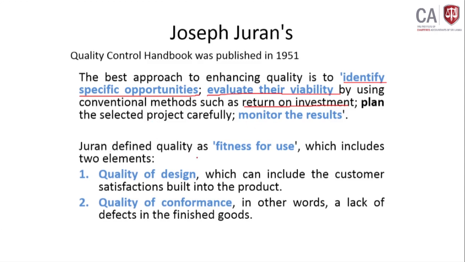Juran defined quality as fitness for use. When it comes to fitness for use, you have to remember it is said by Joseph Juran. What is fitness for use? Juran defined quality as fitness for use, which includes two elements.